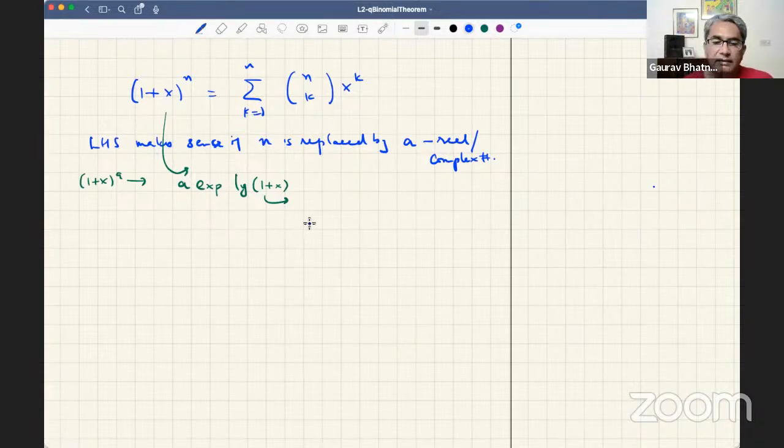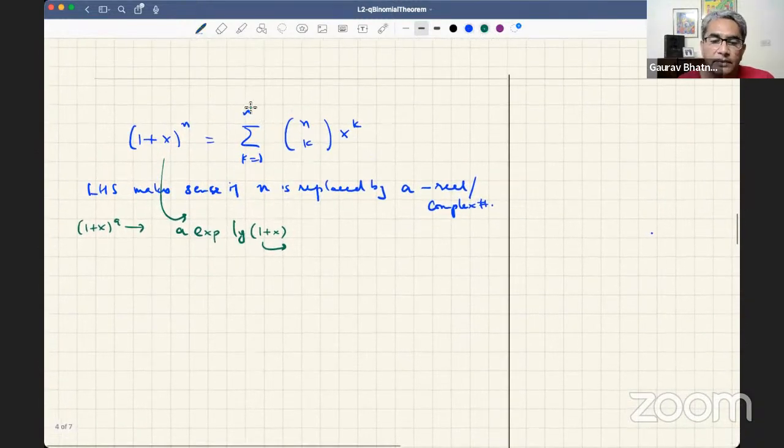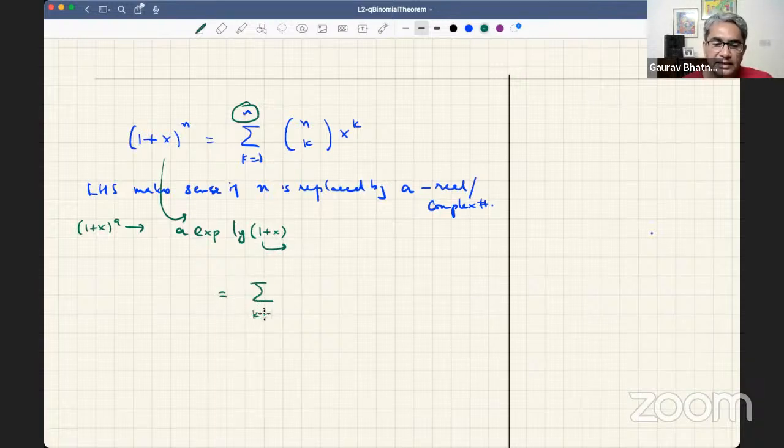Now, on the right-hand side, there are two places where n comes. So there is this place over here, which has to be replaced somehow by a. What we could do is just write it as k going from 0 to infinity, and then there is no such thing, since you observe that n choose k is 0 for k bigger than n. So might as well just write it like this.